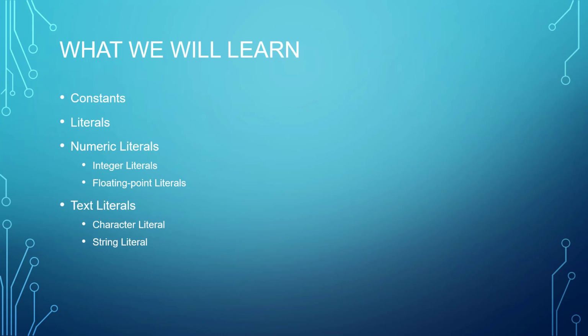So what will we learn today? This is one of our smaller lessons, and it focuses on constants. It focuses on literals. Now there are two types of literals: numeric literals and text literals. So we're going to dive into both of those, and we'll see some code examples.